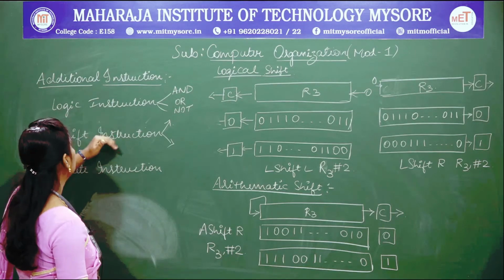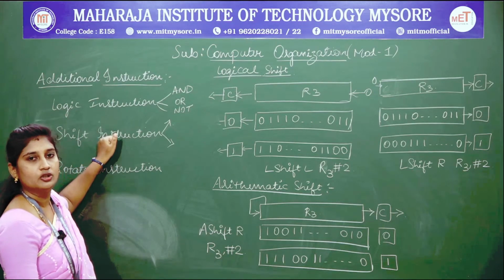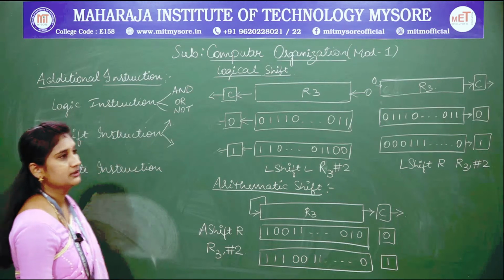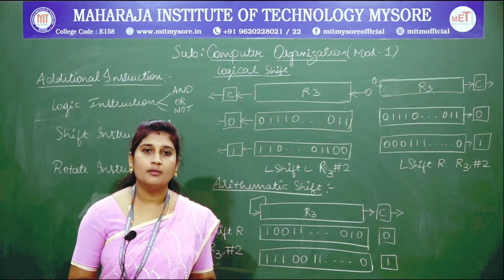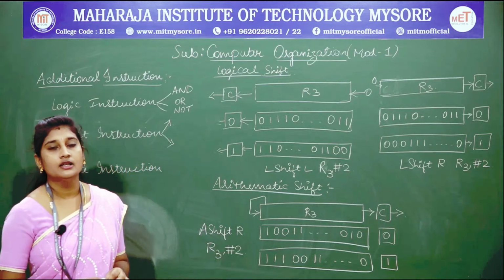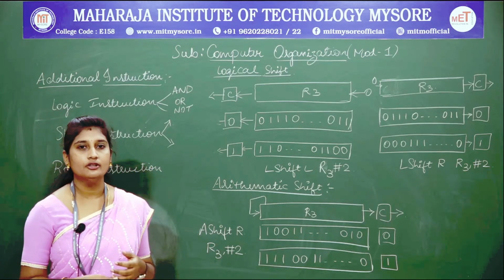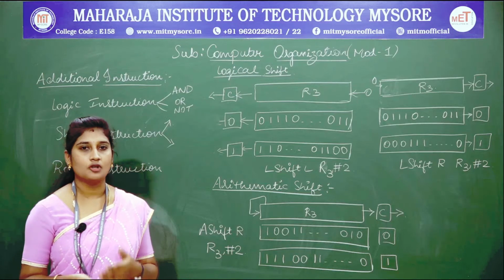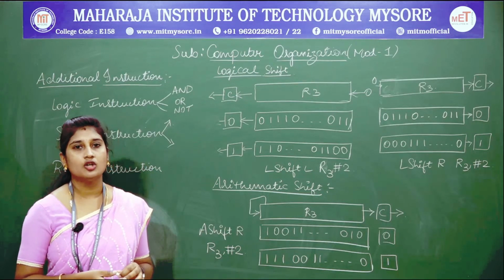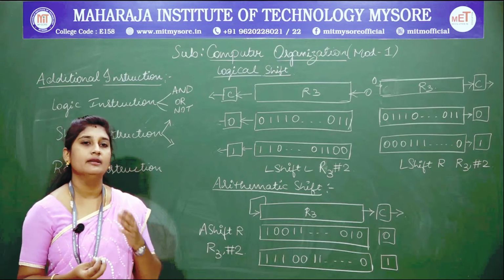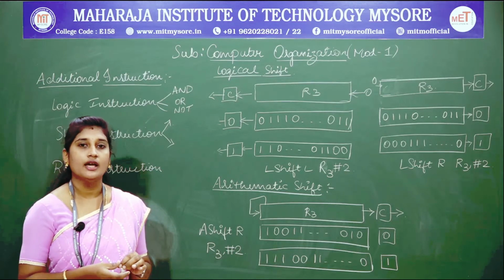Fine. So the next type of instruction which is also being used is shift instructions. There are many applications that require an operand to move towards its left or towards its right based on the bit positions given in your instruction.